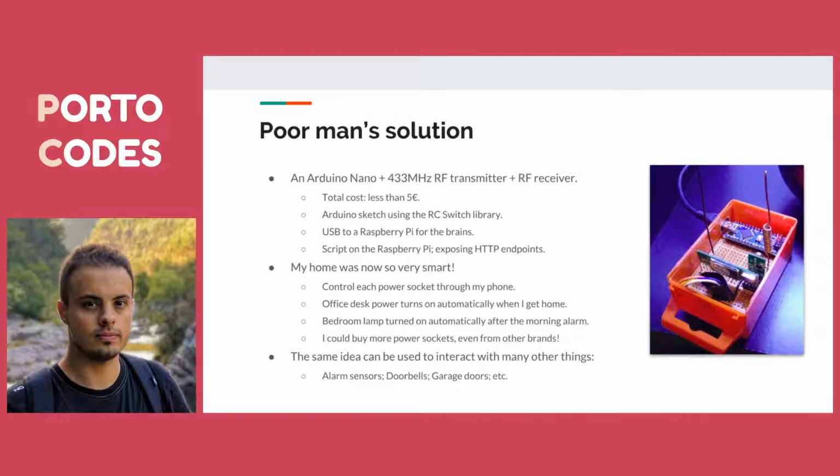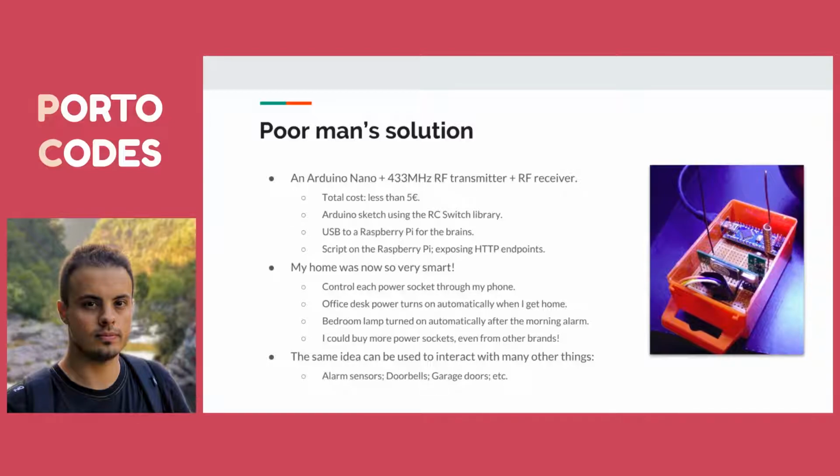I plugged the Arduino into the transmitter and the receiver, connected it to a Raspberry Pi, and basically I captured the codes that the remote control sends to the plugs. Then I replicate those codes using the transmitter, and I can control the plugs using the Raspberry Pi.